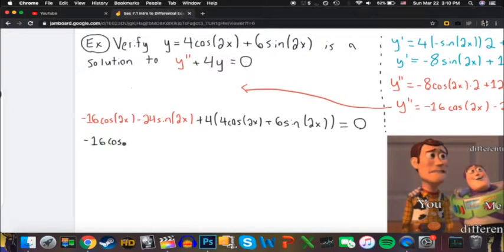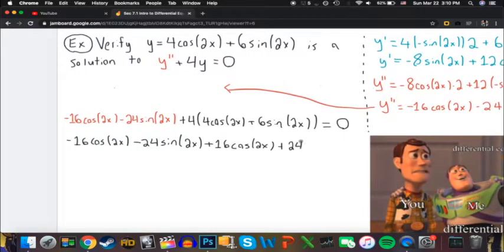So our first two terms are still going to remain the same. And when you do 4 times 4 over here, we're going to get 16. So we get a plus 16 cosine of 2x. And then we also get a plus 24 when we distribute to that 6 over here. And that's also going to be sine of 2x. Now, if you want, you could rearrange these terms.